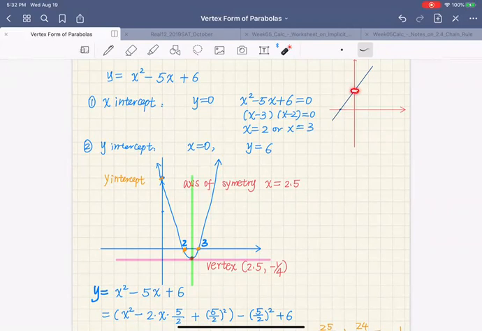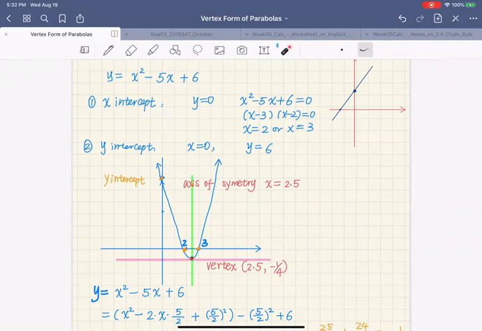So y-intercept, x-intercept. The definition of y-intercept is: make your x equal to 0, then that y value is your y-intercept. X-intercept is: make your y equal 0, then this is your x-intercept, right?